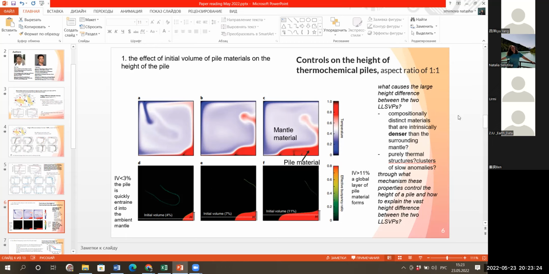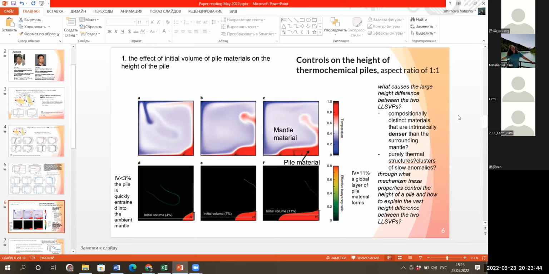Previous numerical modeling and laboratory experiments have shown that the height of a thermochemical pile is greatly controlled by its density and viscosity compared to that of the surrounding mantle. So probably it's more about the composition of these piles.